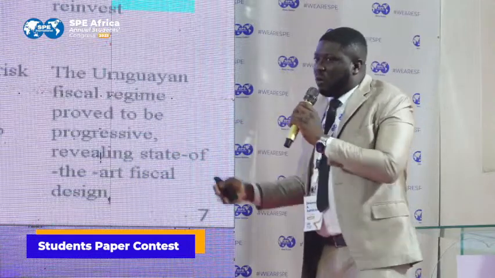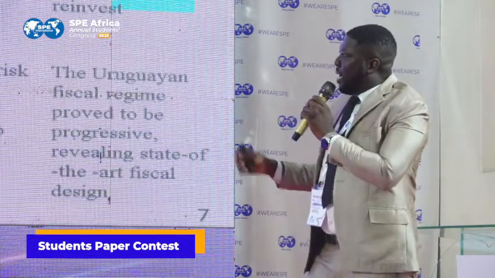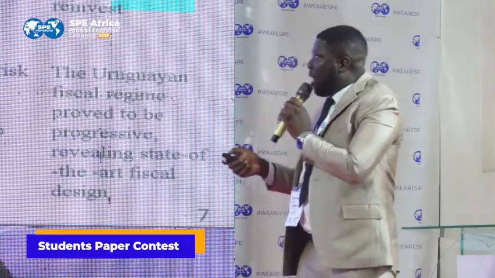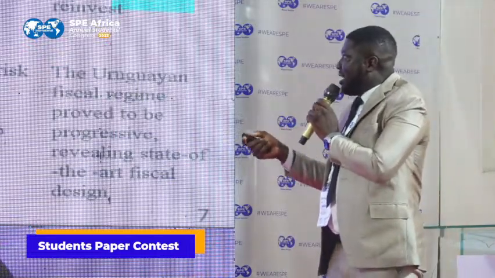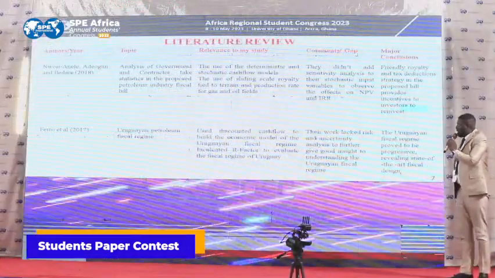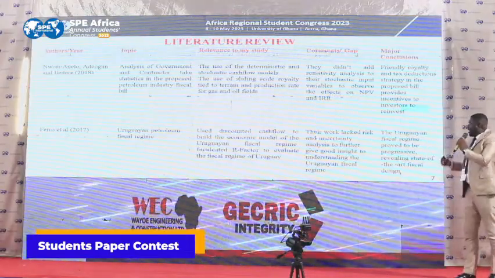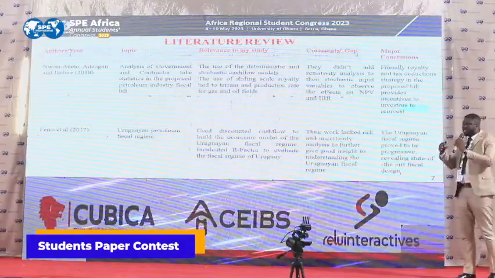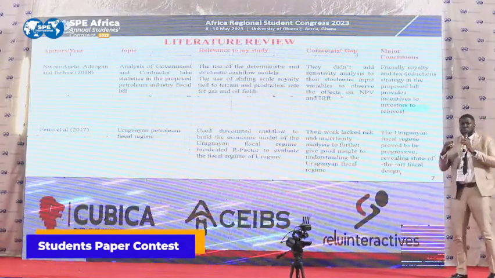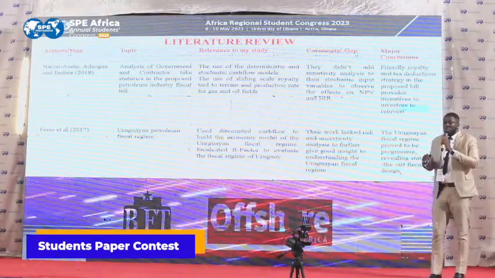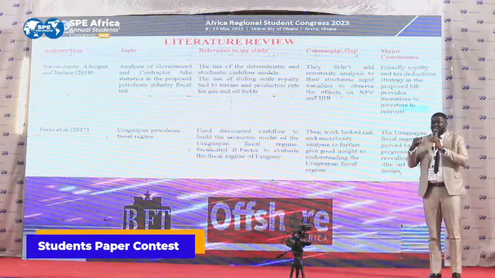So I did a lot of literature reviews, but the ones that are very important to my work is one that Inussa Inali et al. did in 2018. They looked at the analysis of government and contractor take statistics in the proposed petroleum industry fiscal bill. And in their work, what was important to mine was they used what we call deterministic and stochastic cash flow models.